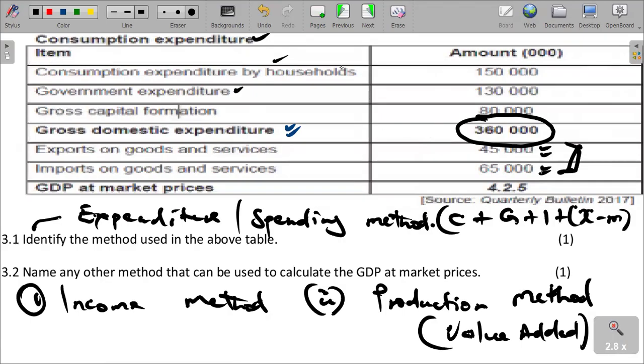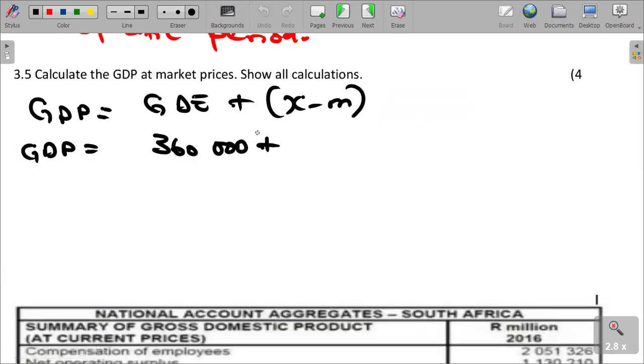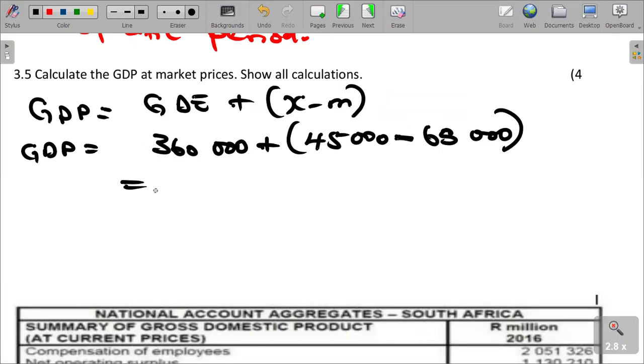So that gives us 360,000 plus exports, which is 45,000, minus imports, 65,000.